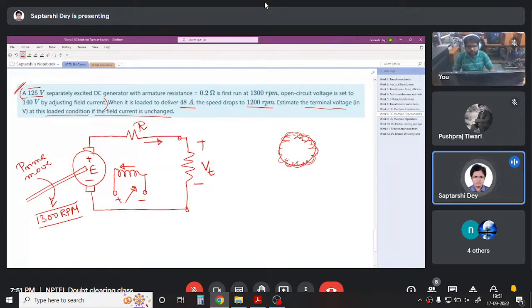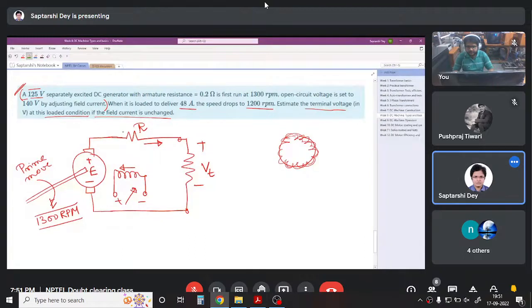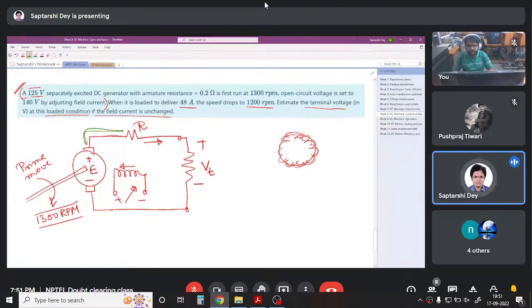But there is no such resistance here. So this whole node is not available to us. Only this terminal is available to us. So we can never measure the EMF developed by the machine, but we can calculate it.